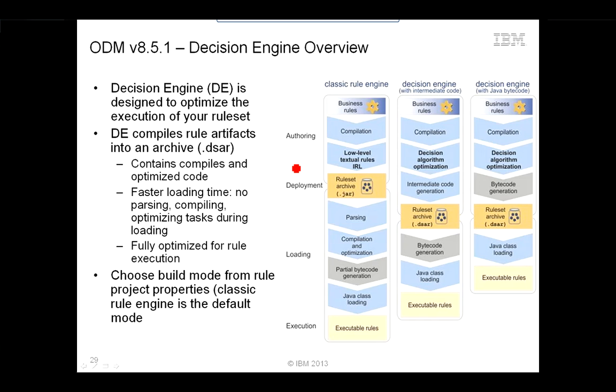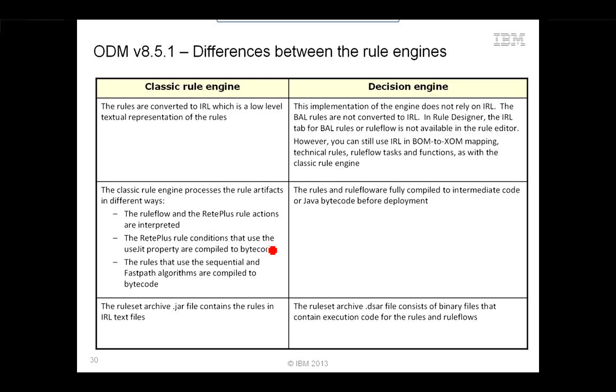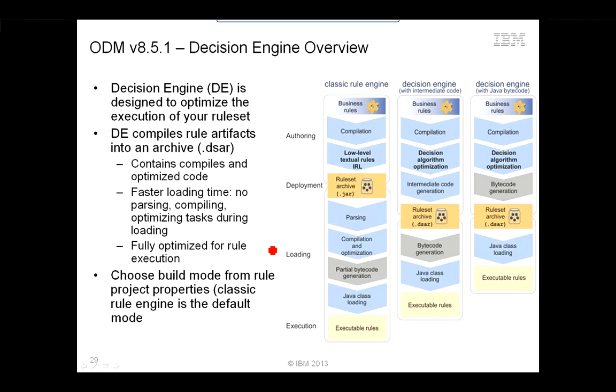So Decision Engine compiles a rule to intermediate code, and the rule archive file becomes a DSAR.